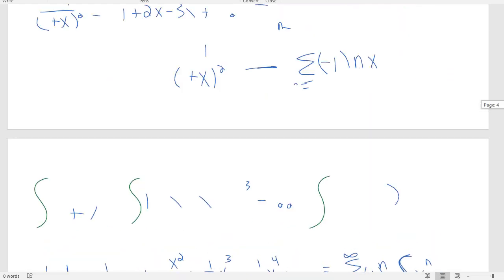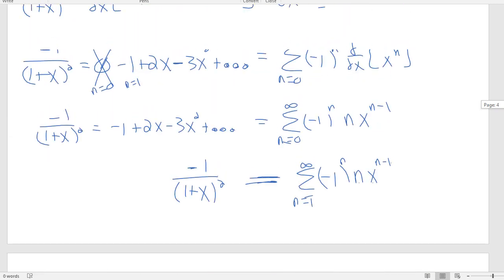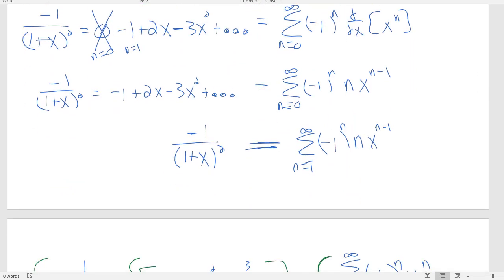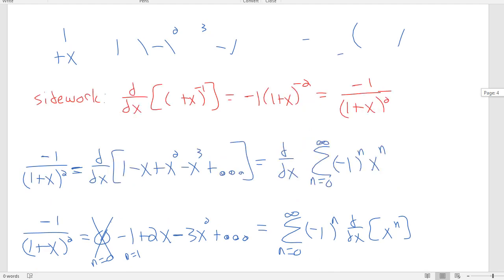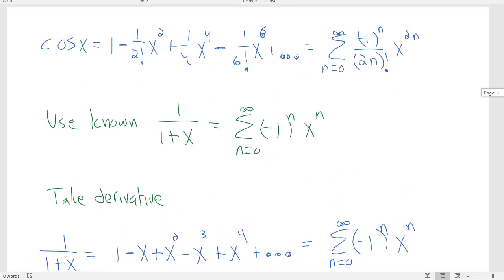If I scroll back up, this is really slow. If I scroll back up to the -1 over 1 plus x squared, my coefficients are -1 to the n times n, times powers of x. I scroll back up a little further and we look at, where was it, cosine.